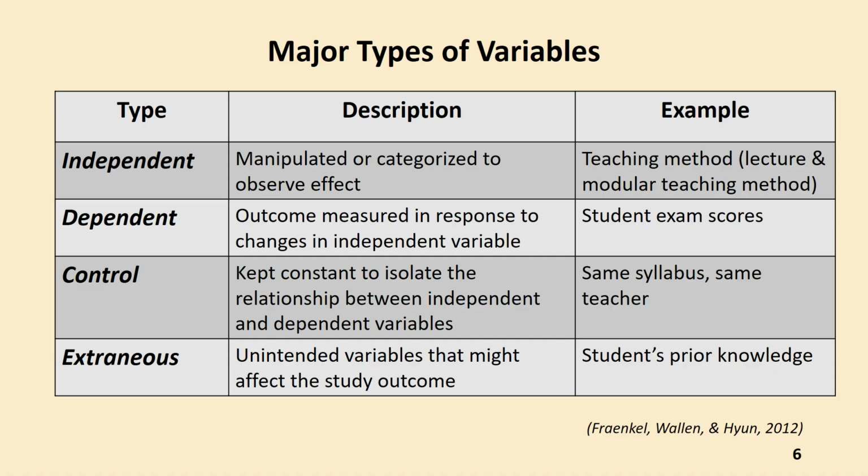Let us consider section A and section B of the same class, where we are looking into the effectiveness of the modular teaching method. In one section, a teacher is teaching with the modular teaching method, and in another, the teacher is teaching with the traditional teaching method, and we see whether the achievement of the students after the intervention has increased or not. It's a pre-test post-test design.